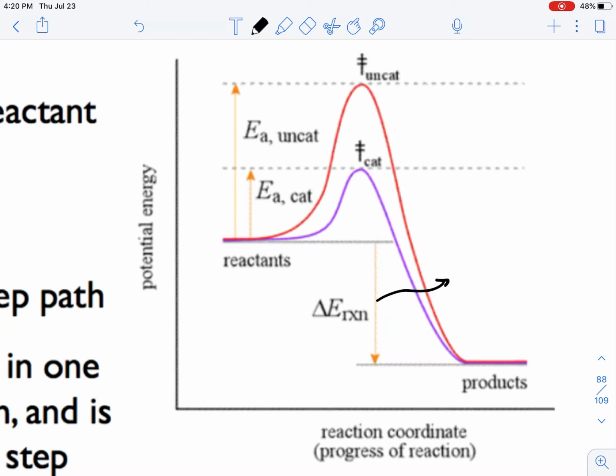And so the delta H, or enthalpy value, is still the same because the potential energy of the reactants and the potential energy of the products will be the same, and it's not altered by the presence of the catalyst. And so the only thing that the catalyst does is decrease the activation energy, thus providing a new and alternate path on a potential energy diagram that the reactants can follow.